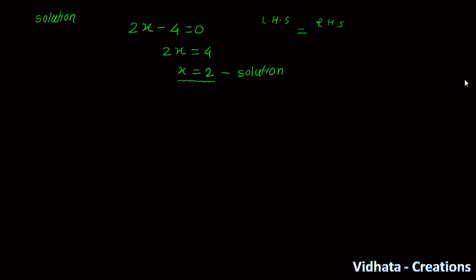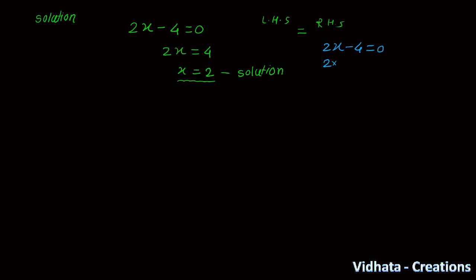Let us verify whether this is true or not. What is our equation? Our equation is 2x minus 4 is equal to 0, and we got the solution x is equal to 2. So in place of x we put 2. What is the sign in between 2 and x?